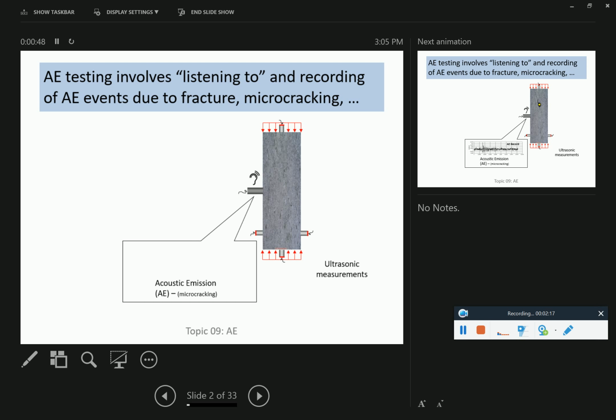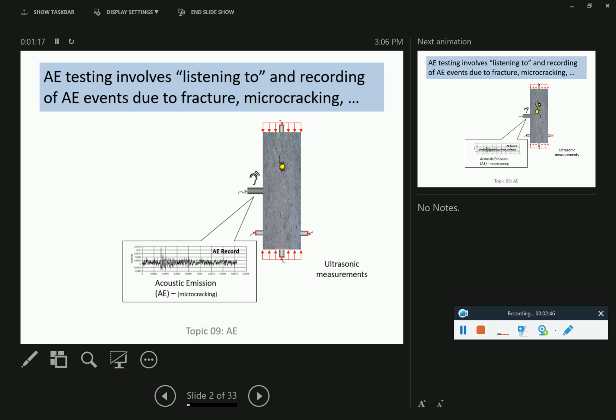So now, acoustic emission is different in a sense that the sensor is actually there as an instrumented ear. It is listening. So if nothing happens, it doesn't record anything. But if you are, let's say, pressing a sample, you are creating some micro cracks. When you have a crack like that, you record something.